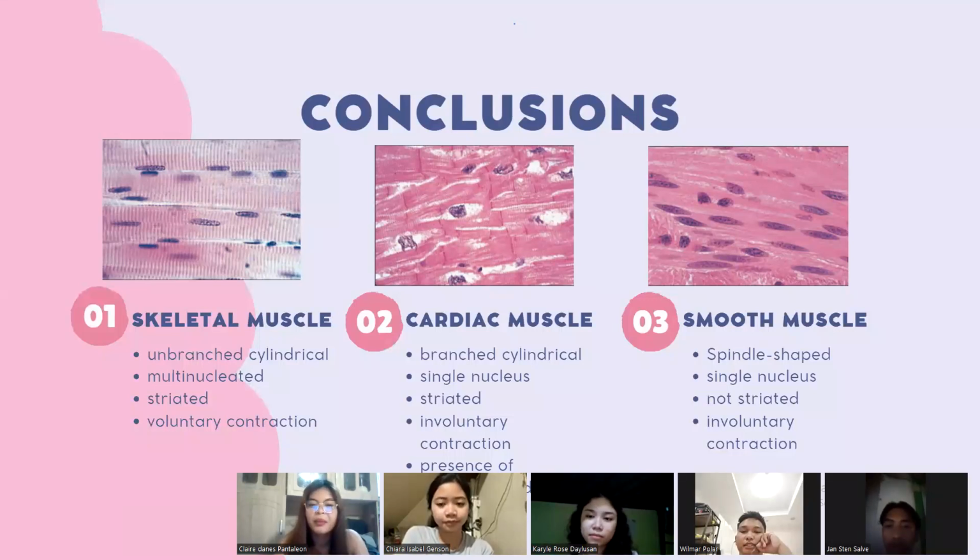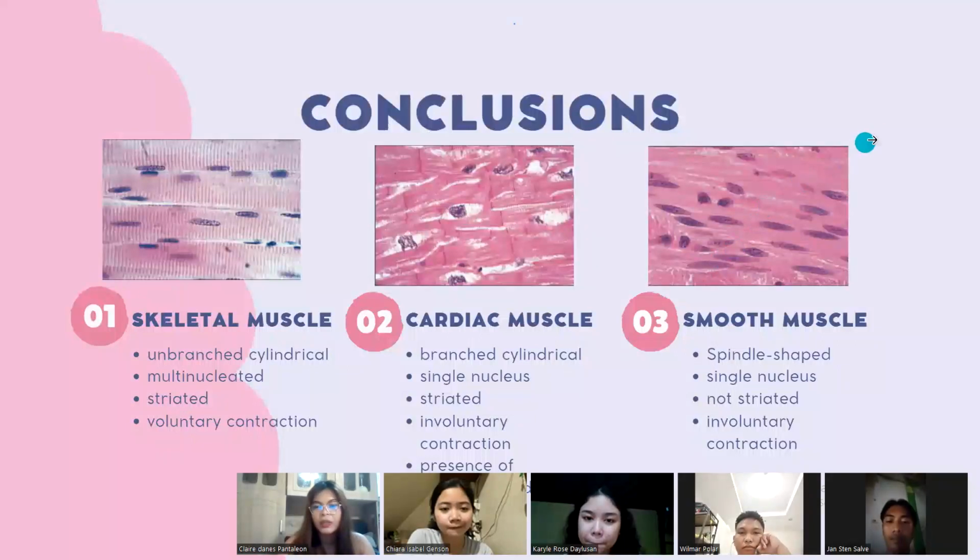Number 3. Smooth muscle is spindle-shaped or fusiform. It has a single nucleus, not striated, and involuntary contraction. Now, this picture is provided. This is how the muscles will look under a microscope.